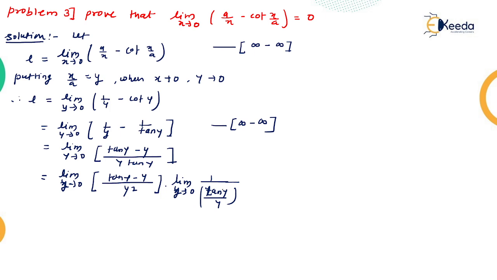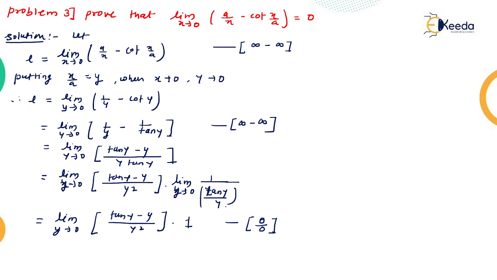So therefore, limit as y tends to 0 of tan y minus y upon y square. Now into what is the value of this limit, y tends to 0, tan y upon y? That value is 1, guys. By standard limits, you know the value of this second limit is totally 1.